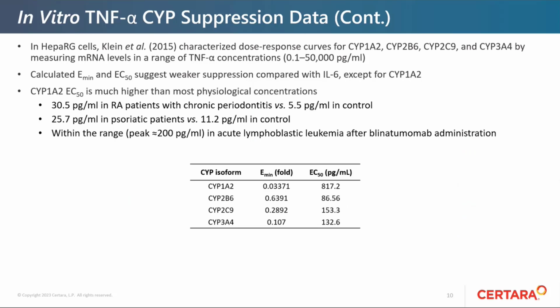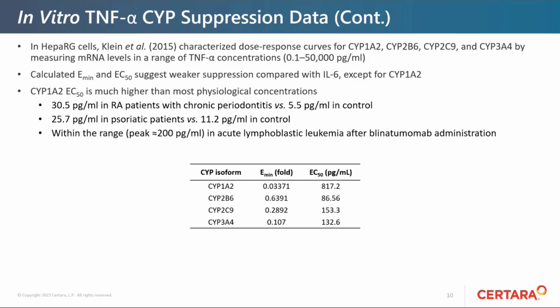And Klein et al. actually characterized dose response curves for CYP1A2, 2B6, 2C9, and 3A4 by measuring mRNA levels in a range of TNF-alpha concentrations. So this allows us, using data from this study, the EMIN and EC50 values of TNF-alpha for these CYPs were determined.